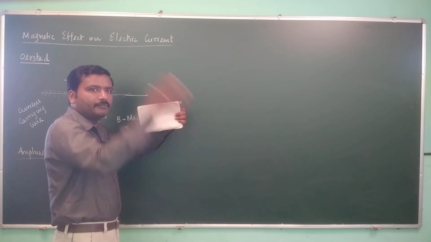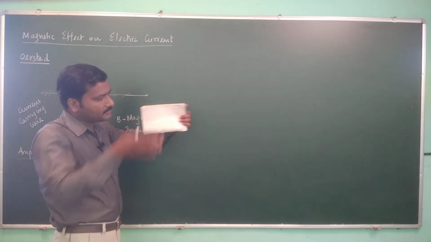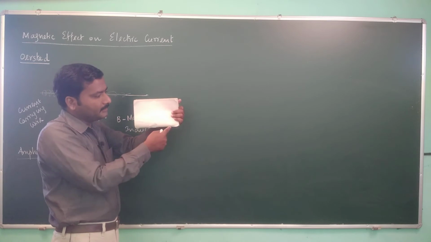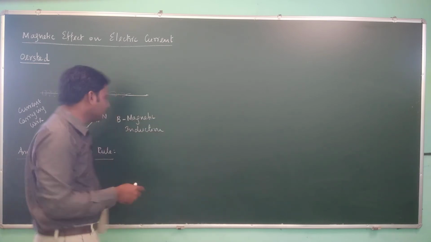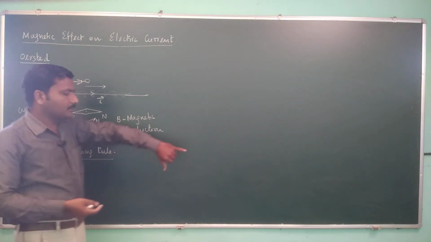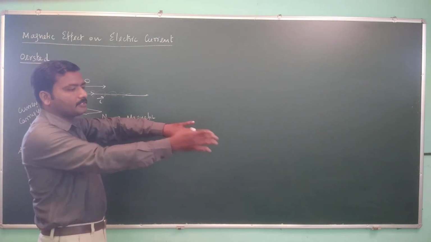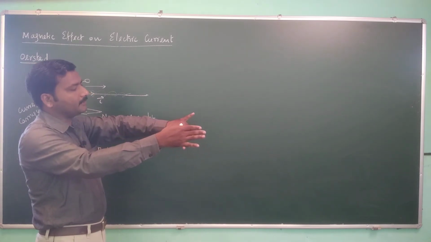The needle will deflect up or down. So this person is swimming, facing this needle, and he has one hand this side, one hand that side. The person's face is looking at the needle, this is the left hand, this is the right hand.